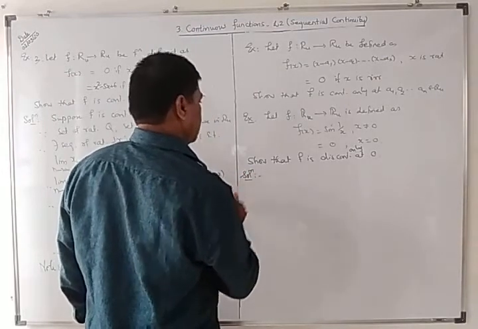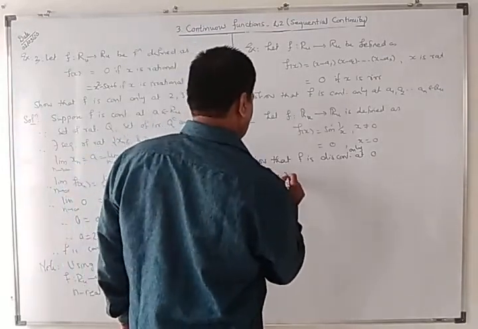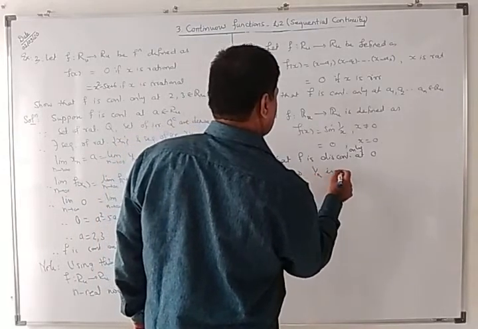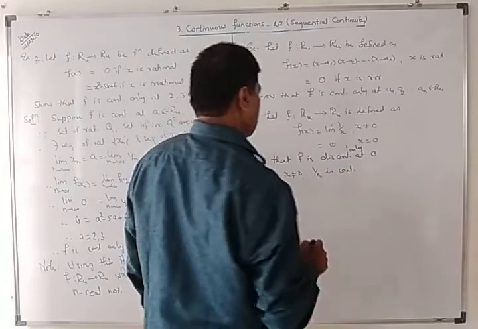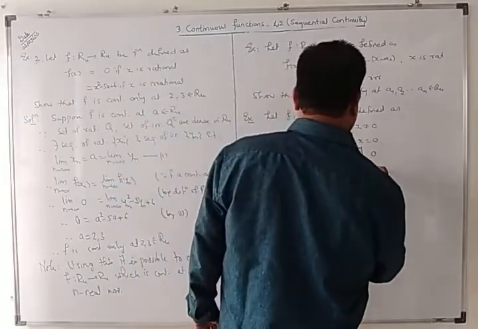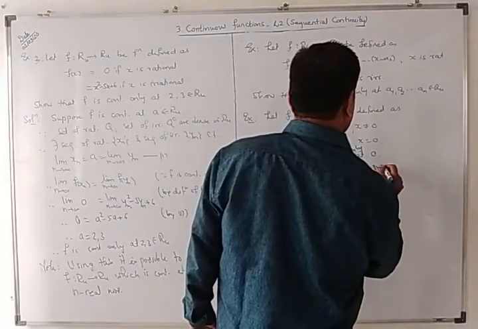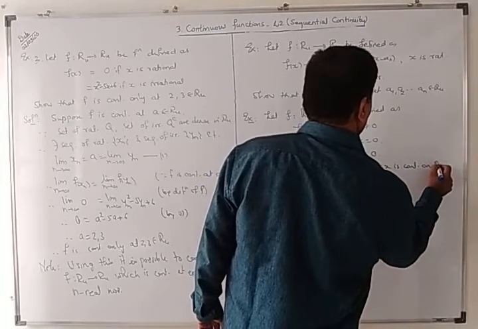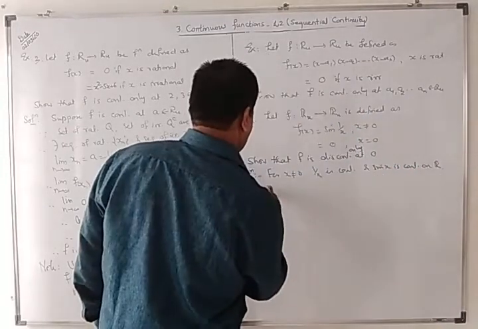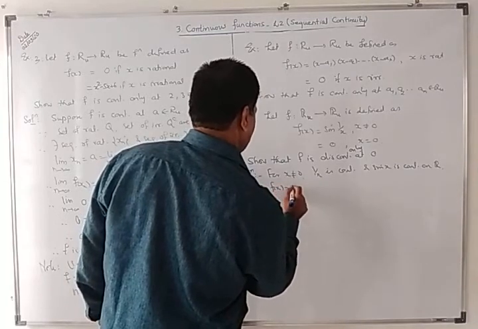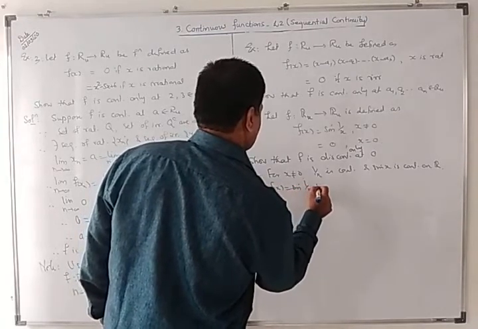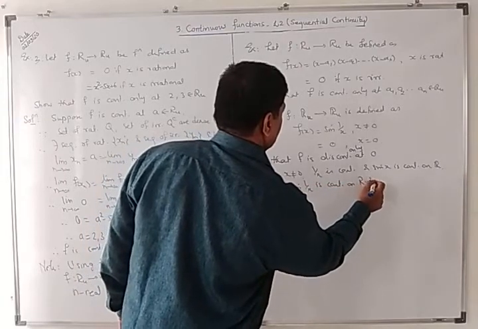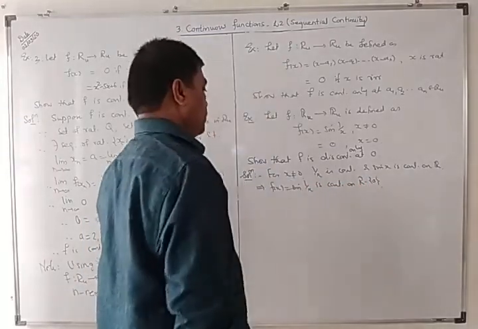So solution: for x not equal to 0, 1 by x is continuous and sin x is continuous on R, which implies f(x) is equal to sin of 1 by x is continuous on R minus 0. Okay.